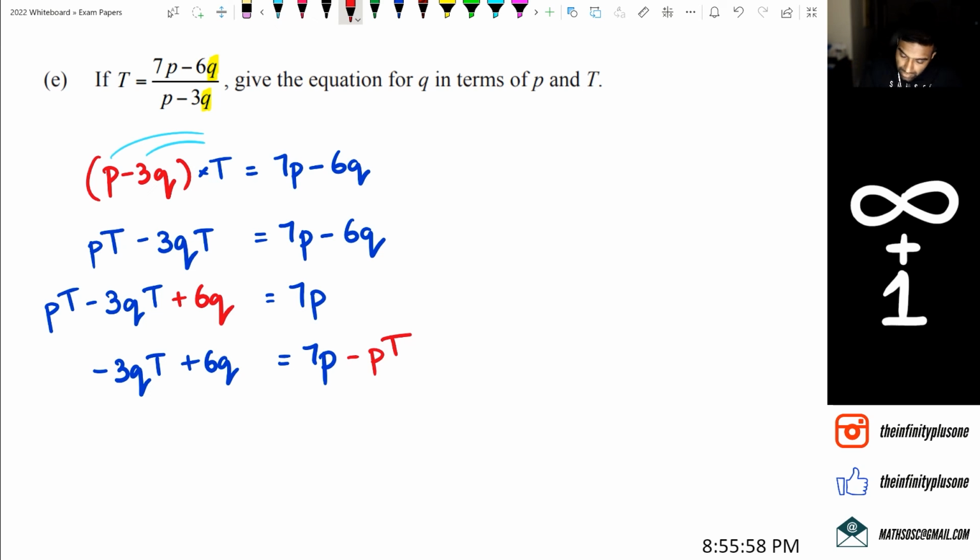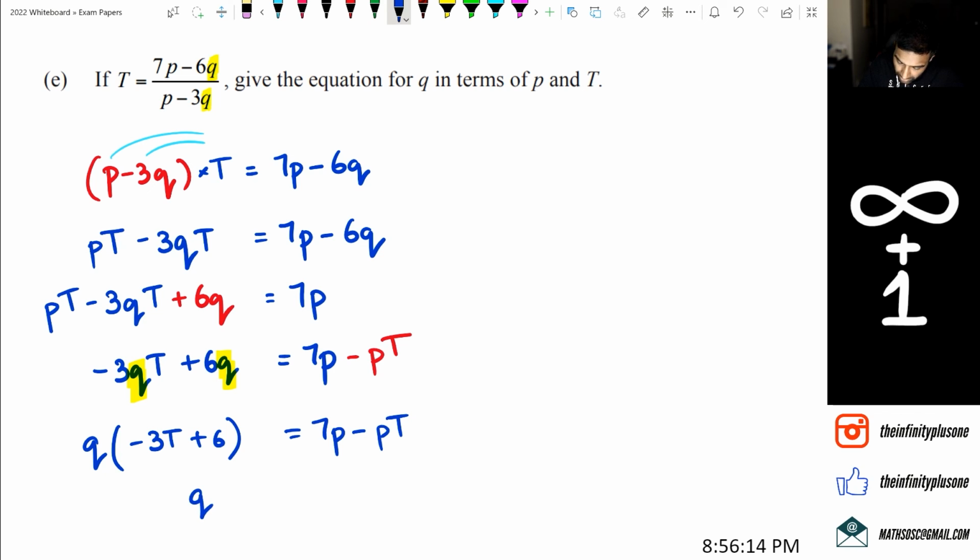Cool. Next, we've actually got q as a common factor. So we're going to take the q out, and we're left with negative 3t plus 6 equals 7p minus pt.